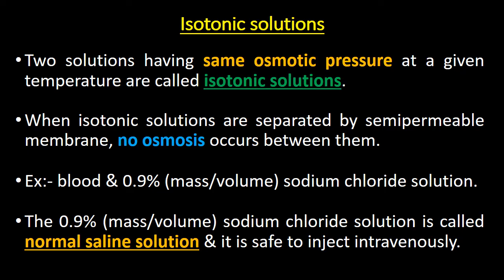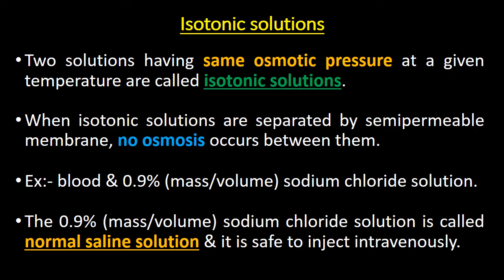Let us know about isotonic solutions. Isotonic solutions are the solutions which have the same osmotic pressure at a given temperature. When isotonic solutions are separated by a semi-permeable membrane, no osmosis takes place between them.